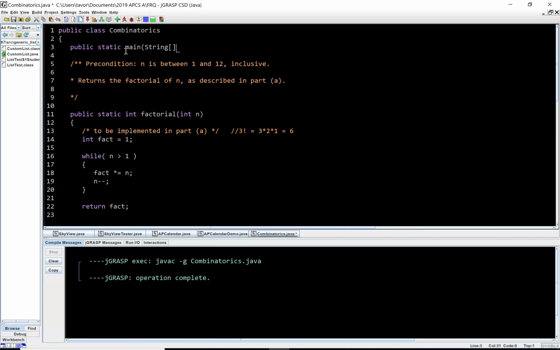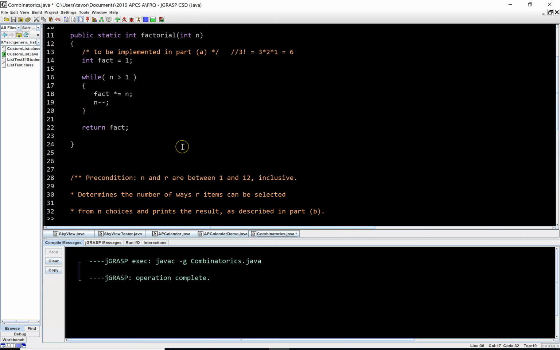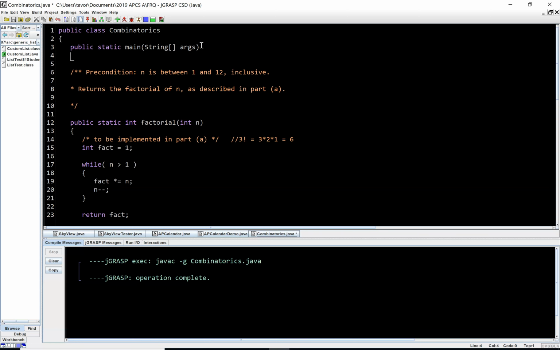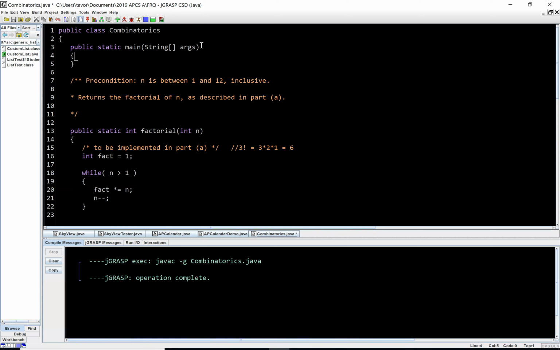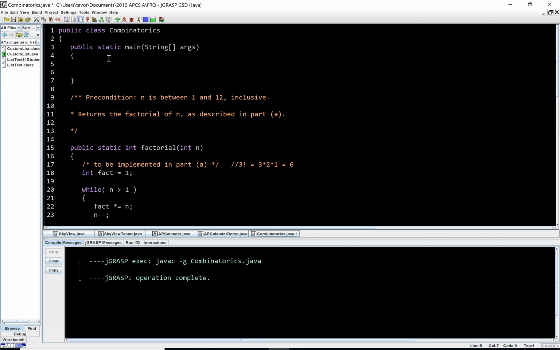Again, I can do it in here because factorial is a static method, and so is numCombinations. And so I can just code the main method within. The reason, again, is because you can only reference a static method like factorial from within another static method like main.